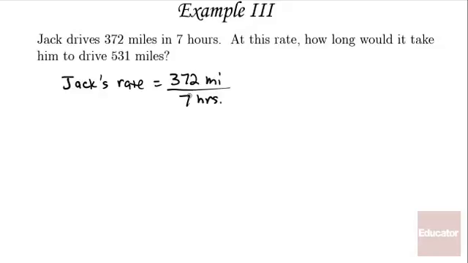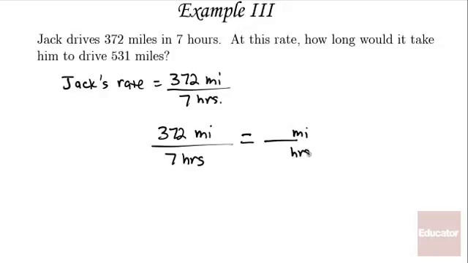With rate problems, you're frequently going to set up a proportion. What I know is 372 miles is how far he can drive in 7 hours, and what it's asking me is how long it would take him to drive 531 miles. So I want to set up the right side of the equation so that I have the same units in the numerator as I do on the left side of the proportion. Miles and hours.